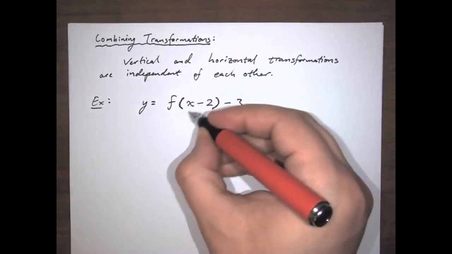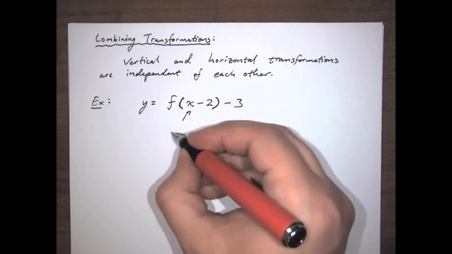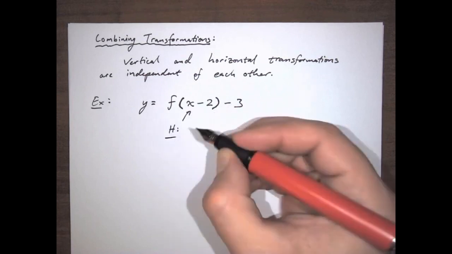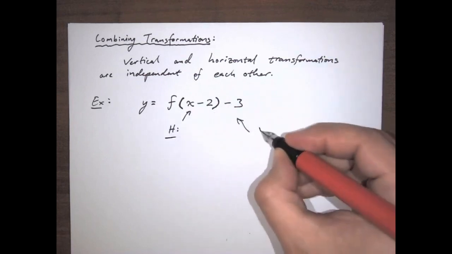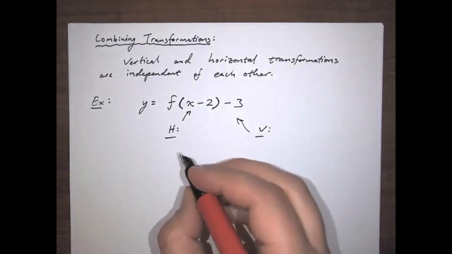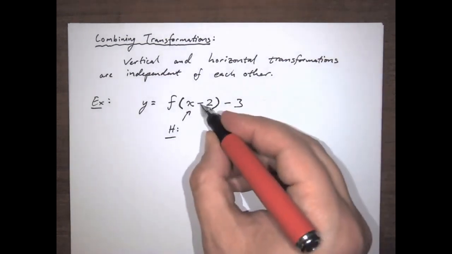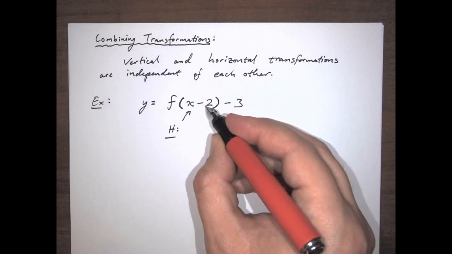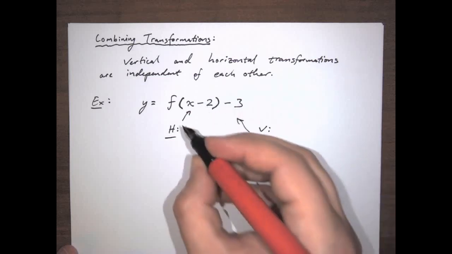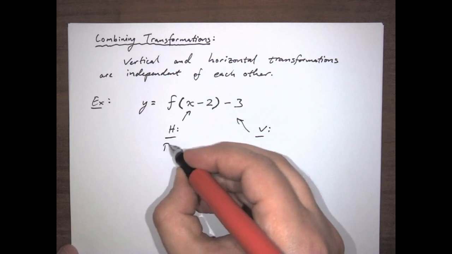Everything inside here is horizontal, and everything outside is vertical. The horizontal transformation is that x has been shifted by 2, and because it is a subtraction, that means it's a delay by 2. So this is going to the right.